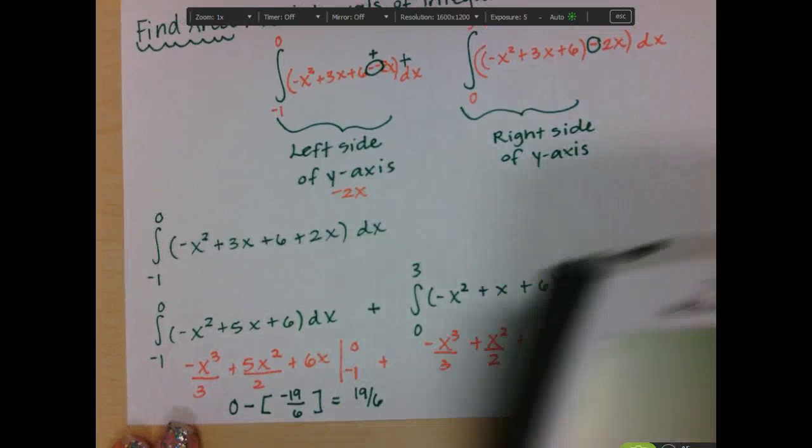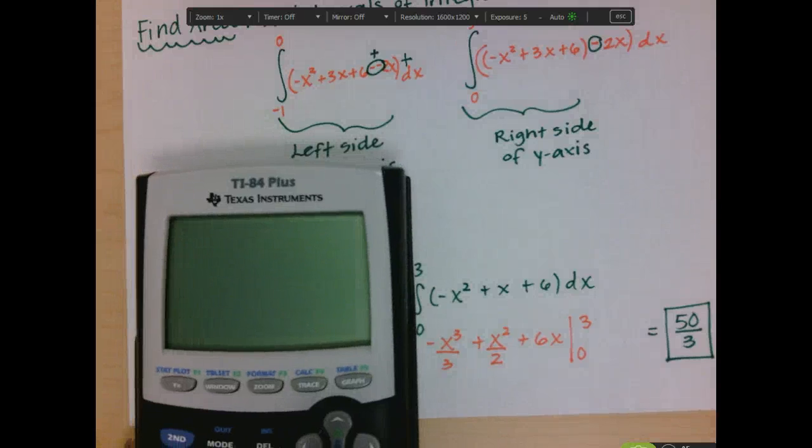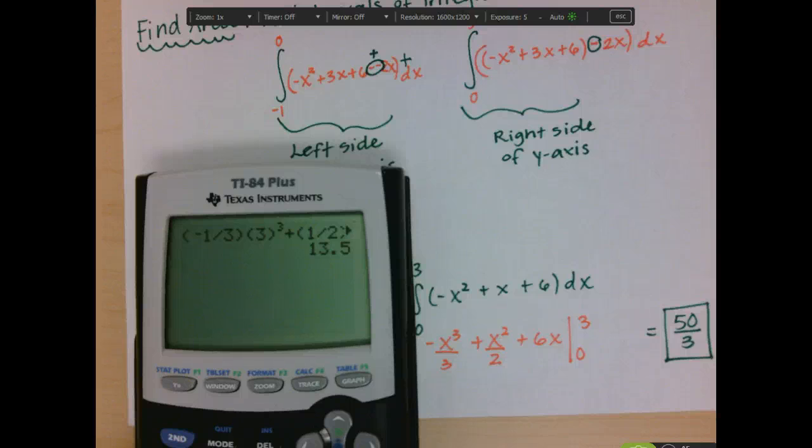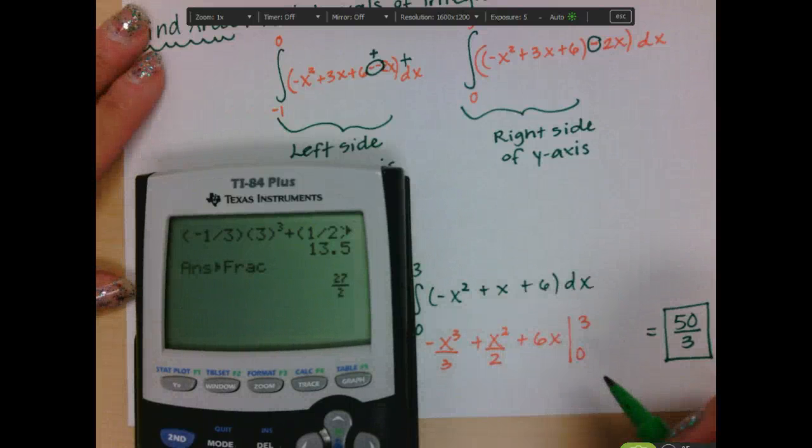So let's take a look at what happens when I plug 3 into that antiderivative. So negative 1/3 times 3 cubed plus 1/2 times 3 squared plus 6 times 3. I want it in a fraction, and that gives me 27 halves.